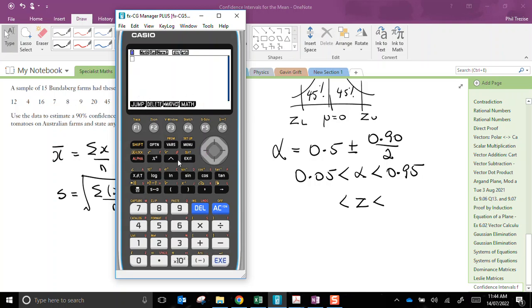So I'm going to go to options, statistics, distribution, normal curve, and it's an inverse normal because I know the area but I want the value. In the syntax for Casio, I first have to put the value of alpha, then the standard deviation, and then the mean. And it's 1 and 0 for a standard curve. And I'll store that in Z. It is, after all, a Z score, isn't it?